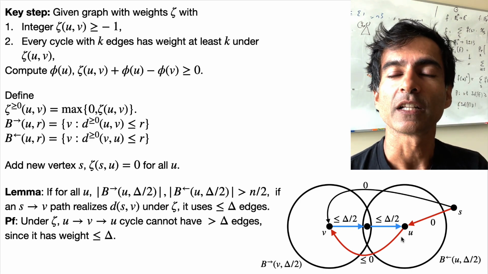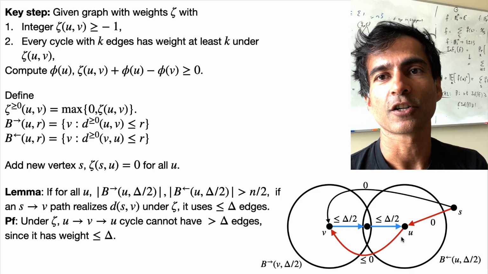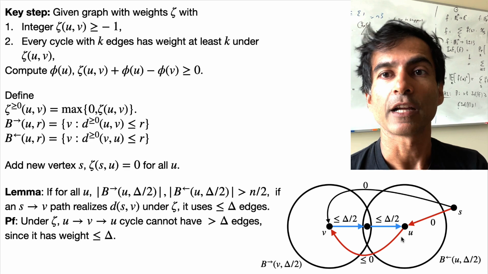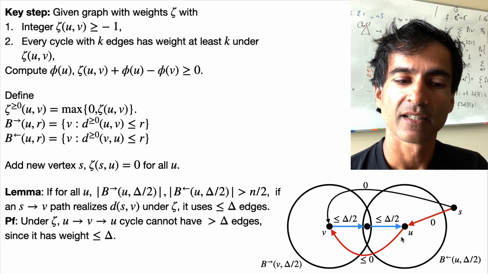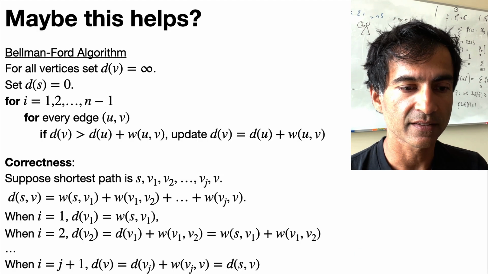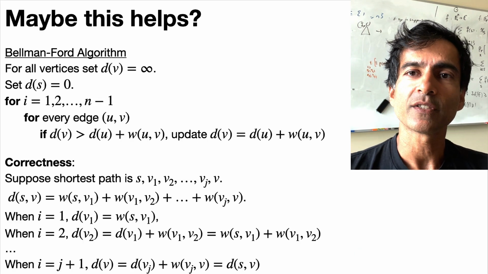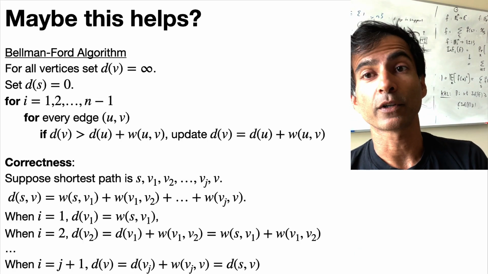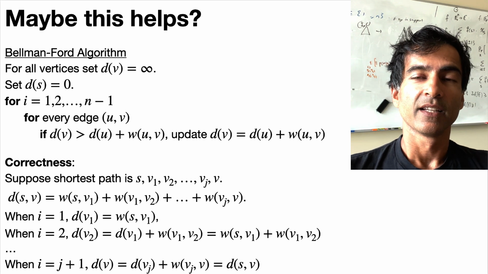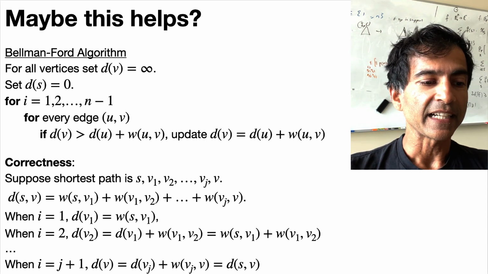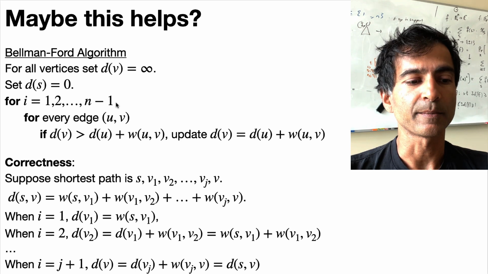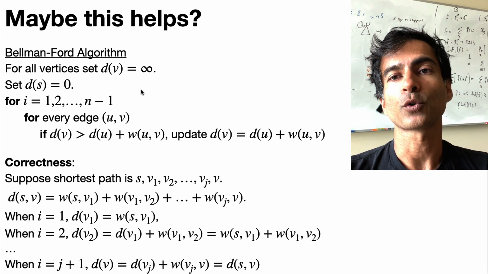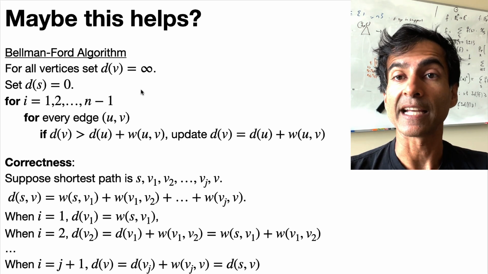So that's really powerful. If every ball in the graph is large, then every shortest path involves a few edges. And that's extremely useful because, you see, the way we designed the Bellman-Ford algorithm, the reason we needed to iterate it n times is because there are shortest paths that involve n edges.